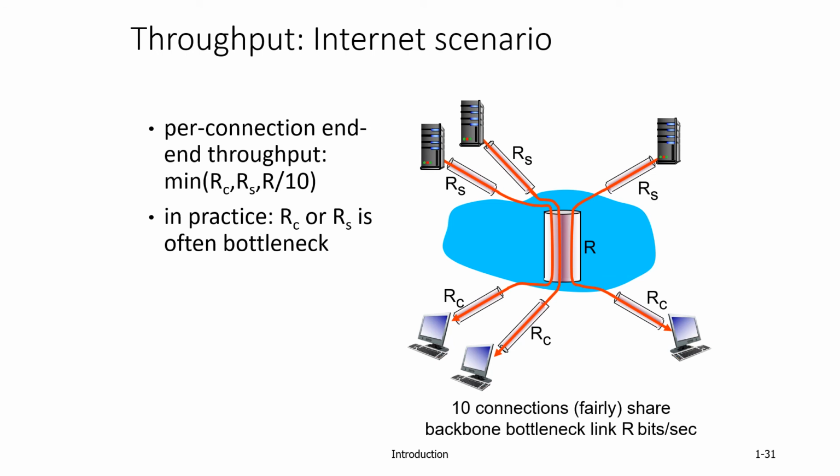It depends on whether RS is smaller than RC, or RC is smaller than RS, or whether R is smaller than both RS and RC. The slowest link in the path is the effective throughput between the sender and the receiver. In practice, it is usually the access link, RS or RC, that is smaller than the backbone link, which is R.